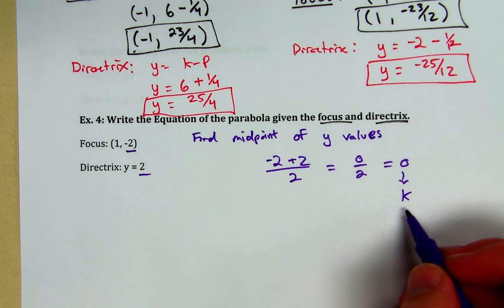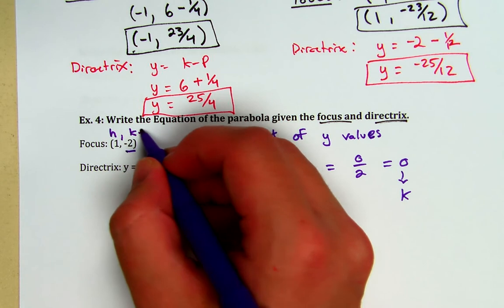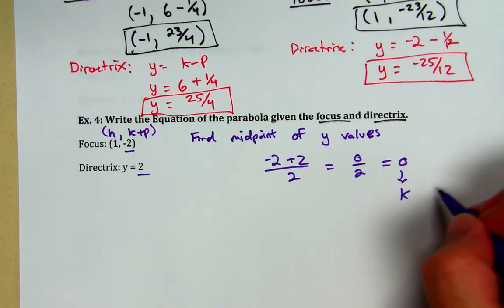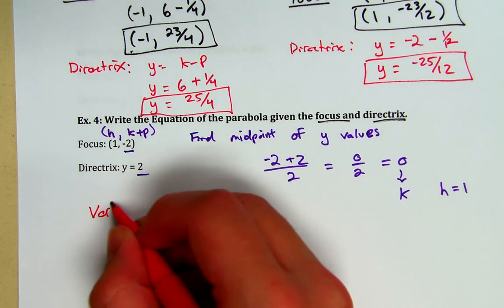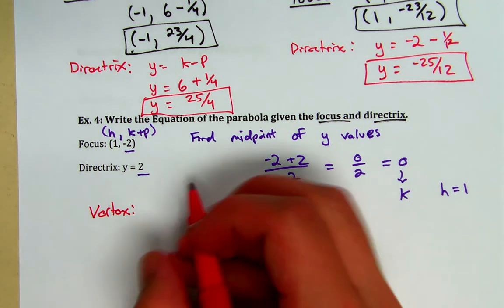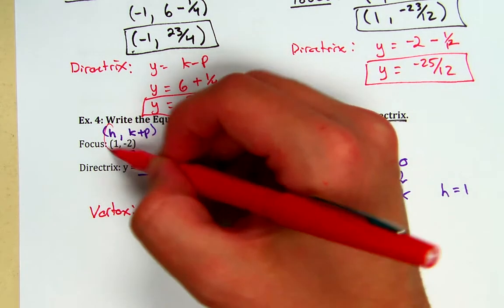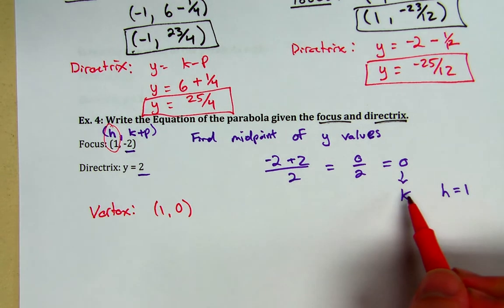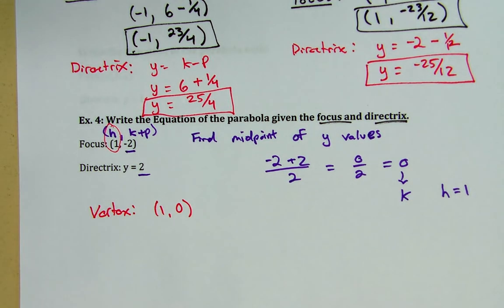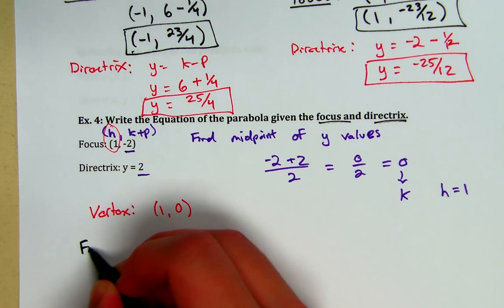Well, how do I know what h is? The focus is (h, k plus or minus p), so h equals 1. So the vertex is (1, 0). Again, I'm using the h given here, and I found k by taking the midpoint of the y values. Now that I have that, I need the distance between the focus and the vertex to find p.